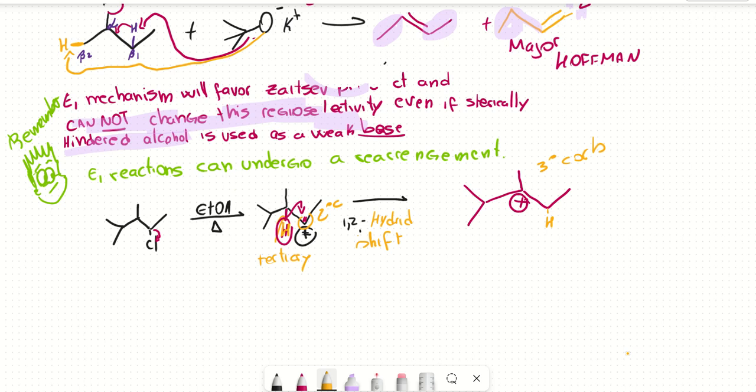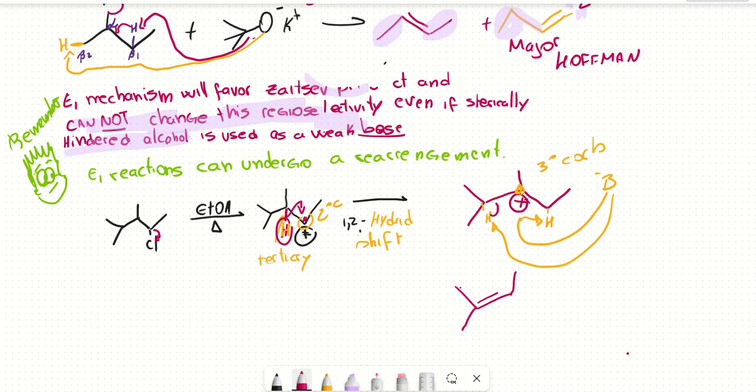So when my base attacks the proton over here, or it could attack the proton over here as well, right? We could have two products over here, but the major in this case will be this.